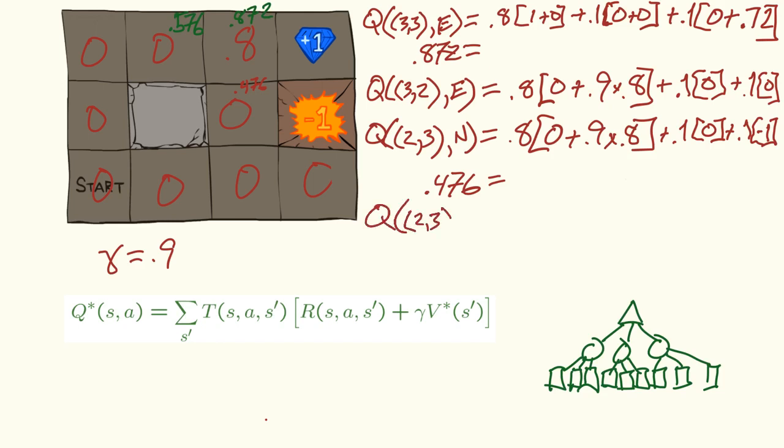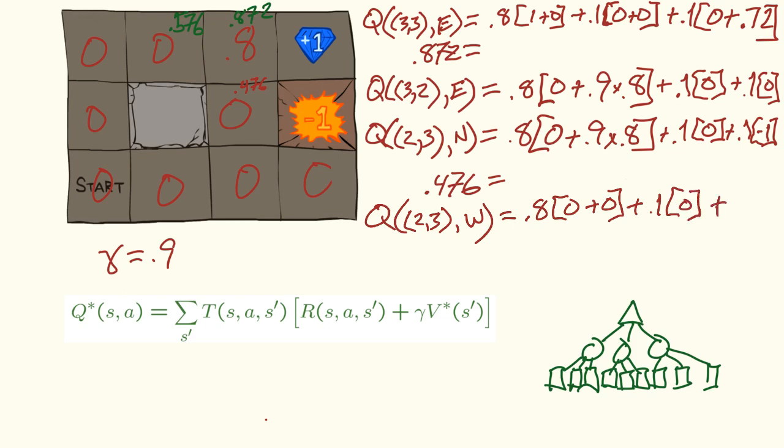Now what about 2, 3 going west? Well, that's 0.8 times no reward, gamma's 0.9, but we bounce off the wall and end up right back in 2, 3, which is currently 0, so that's still 0 again, plus 10% of the time we go south, and that's worth 0.